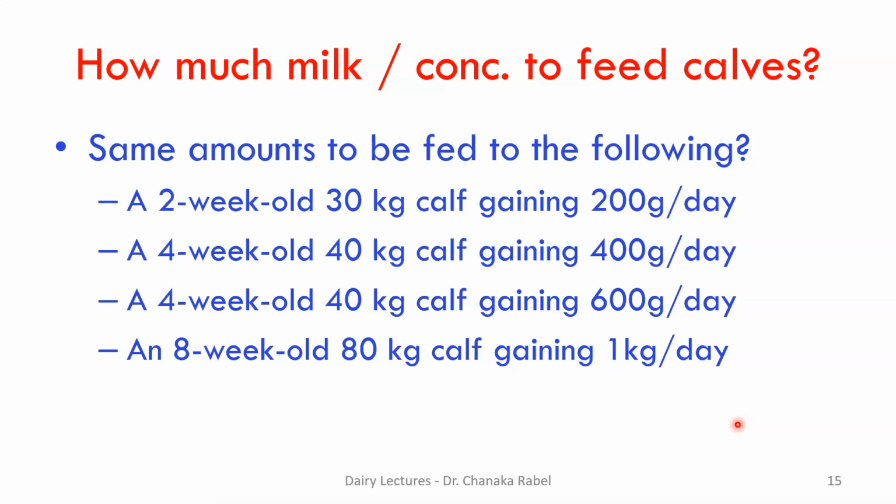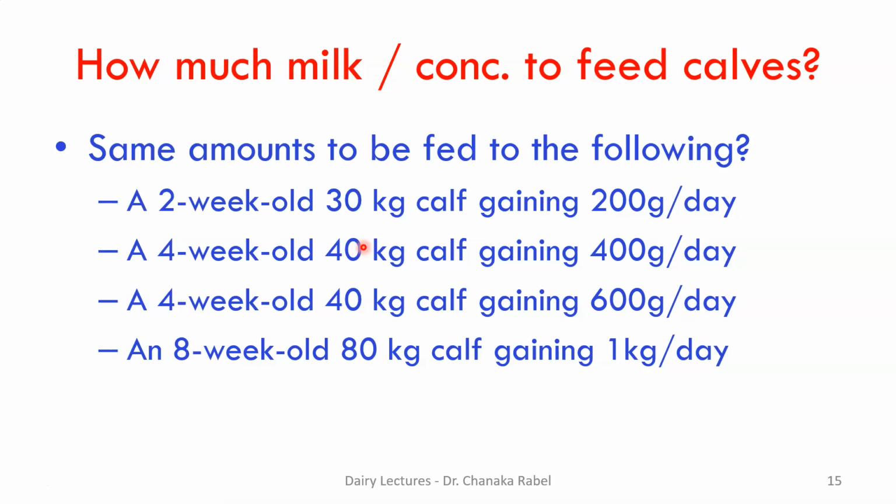So ideally you have to be able to calculate the concentrate and milk based on the calf's body weight and growth rate. It is obvious that a 2-week-old 30-kilogram calf will eat less than a 4-week-old 40-kilogram calf.